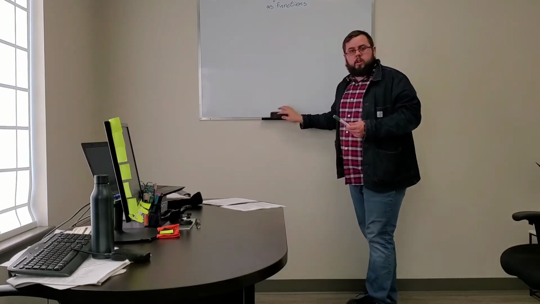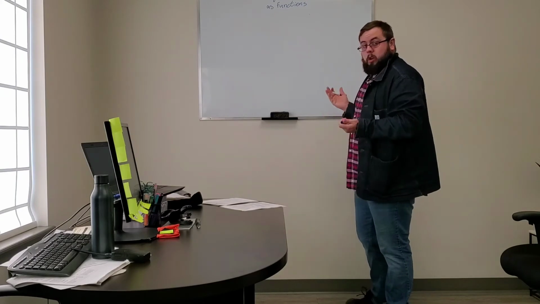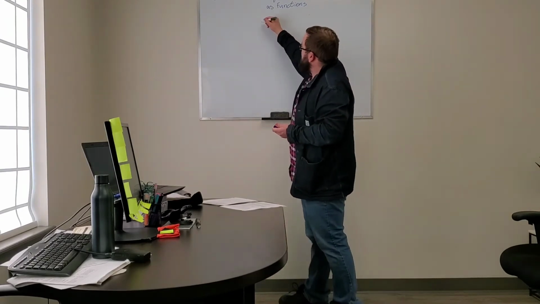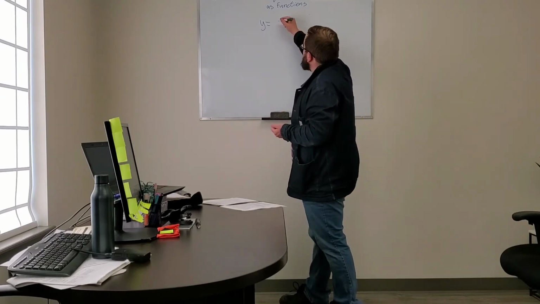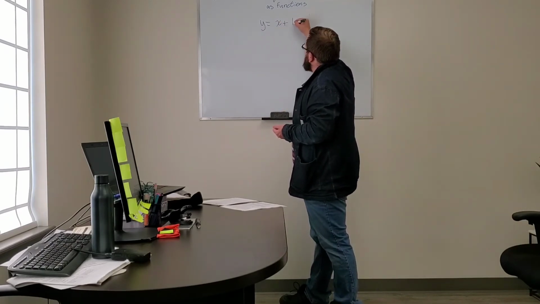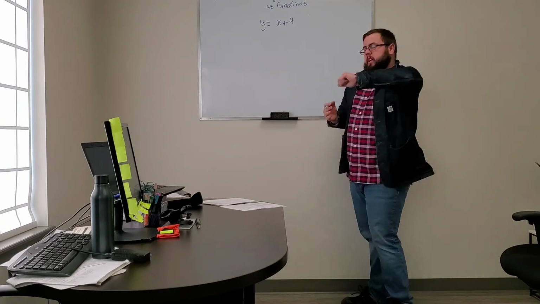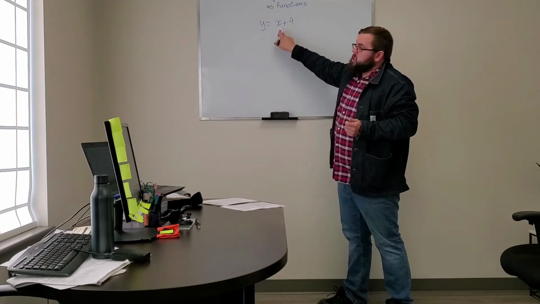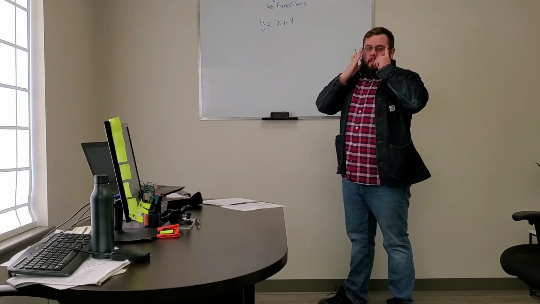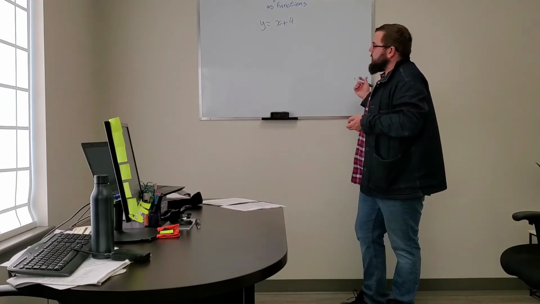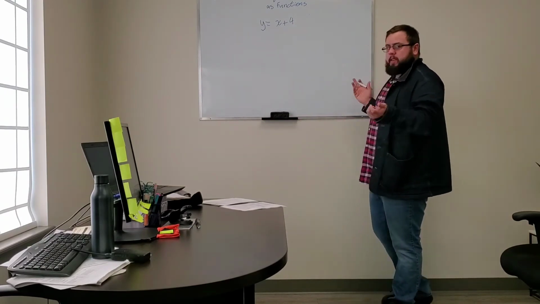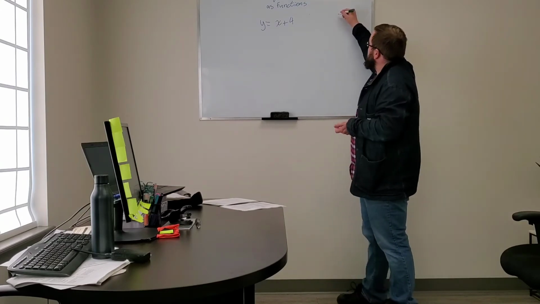We're going to start off with a pretty straightforward equation: y equals x plus 4. Again, we get to pick whatever x's we want to put in, and that will tell us what the y is supposed to be. Let's start by making a table. We can make these tables ourselves based off this equation.